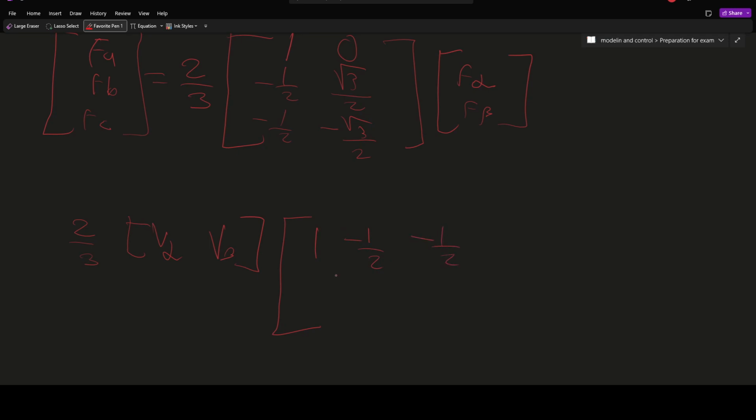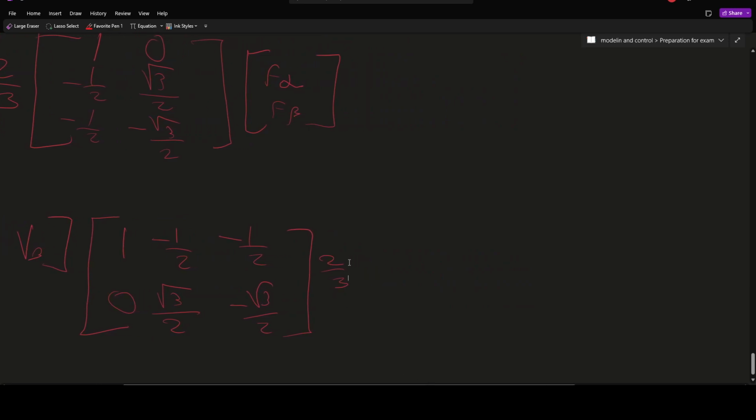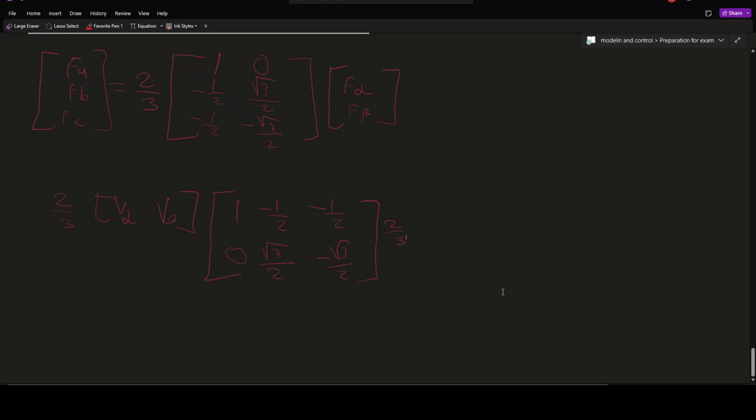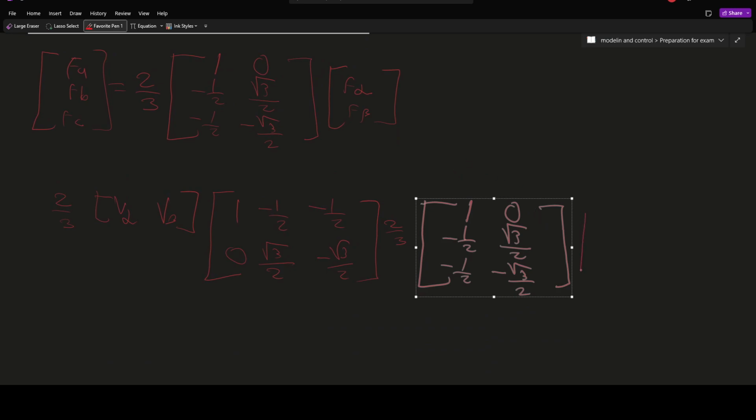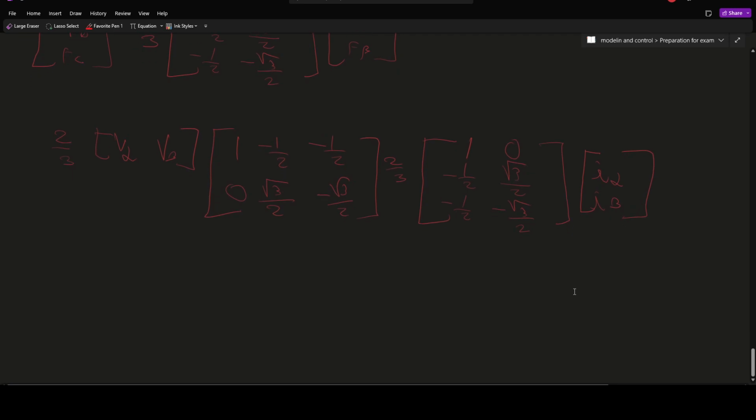We have to transpose, so the multiplications are still valid. And we do the same 2/3 for the current, but for the current we don't have to transpose the matrix because we have it like this in the example. So this will be just times our alpha and beta components.